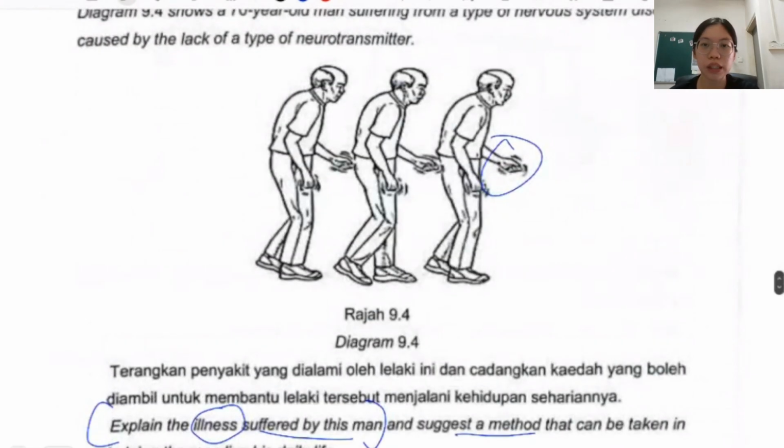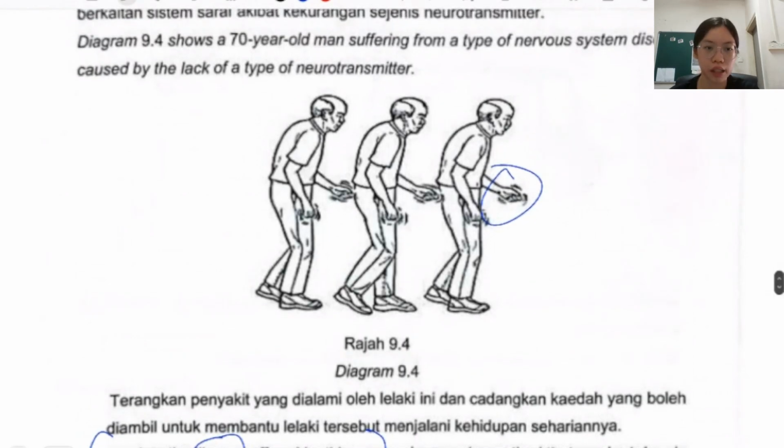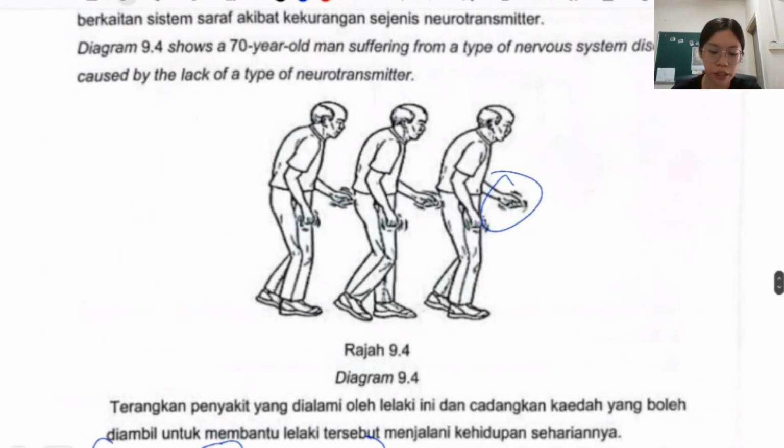So this person basically has Parkinson's disease. They mentioned lack of a type of neurotransmitter. If you still remember, he actually lacks dopamine neurotransmitter.